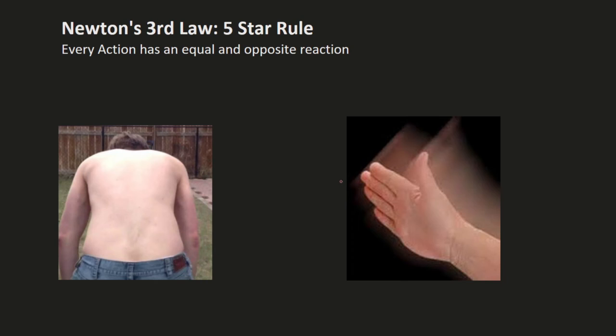When your hand contacts the back, this would be called the force of the hand on the back. And you can think of these as long subscripts. That is going to leave a very nice hand welt on your friend's back.